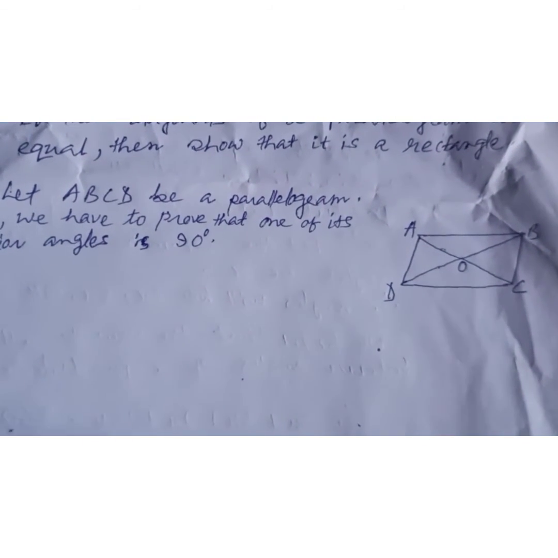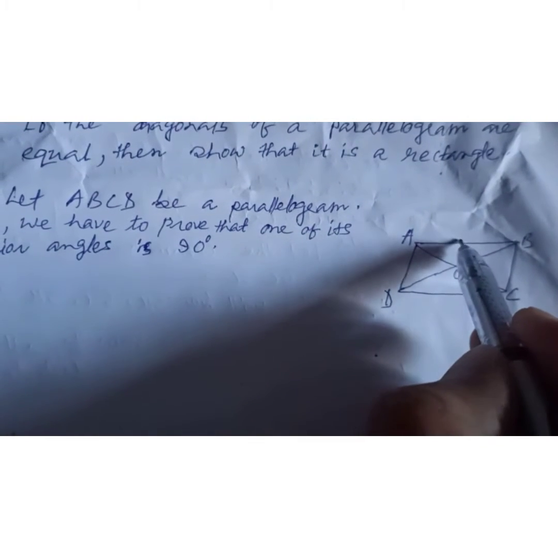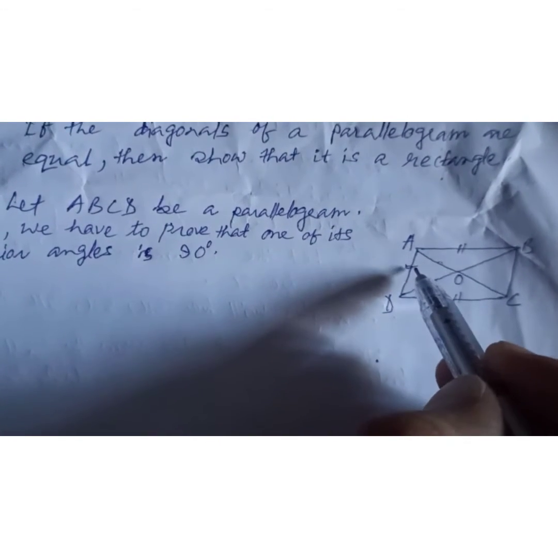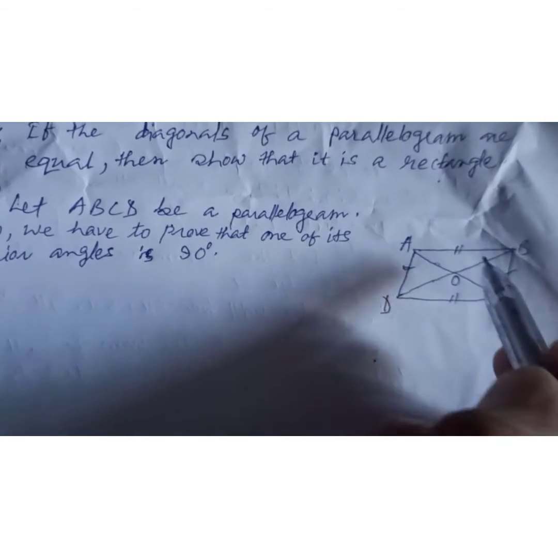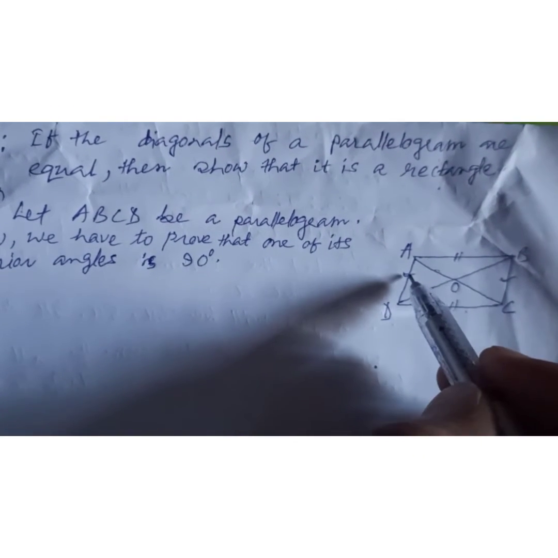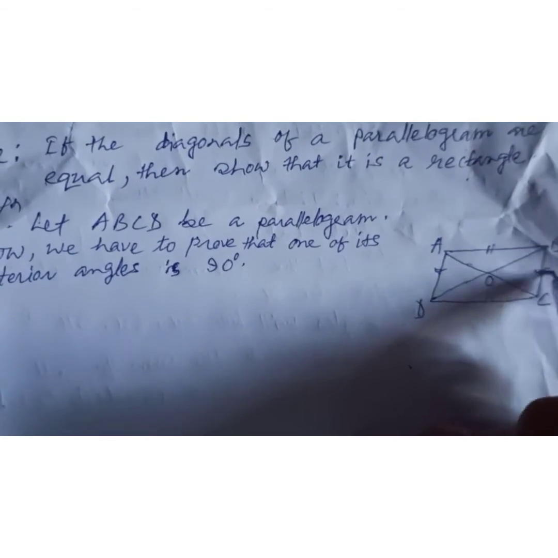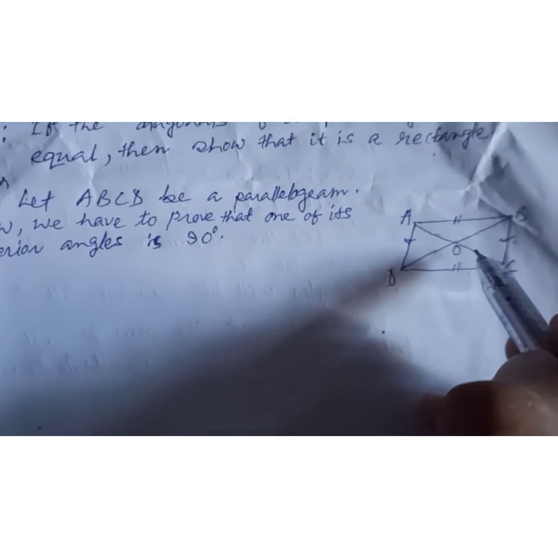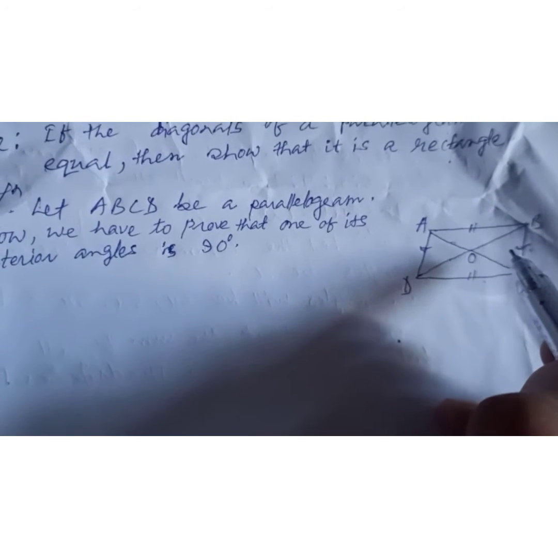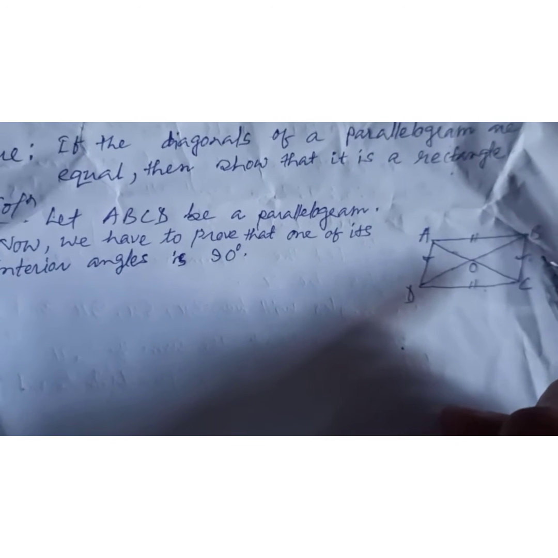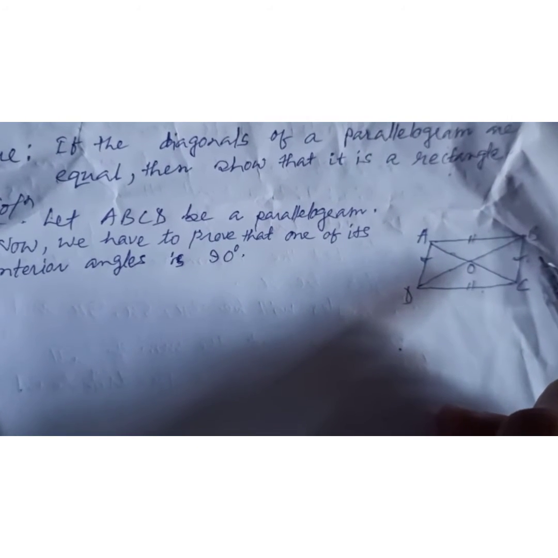Okay, so now you see, this one is equal to this one and this one is equal to this one. Suppose that is 3 centimeters, this one 3 centimeters, and here 2 centimeters, here 2 centimeters. So the opposite sides are actually equal. So what criteria is required to get this as a rectangle, not a parallelogram?